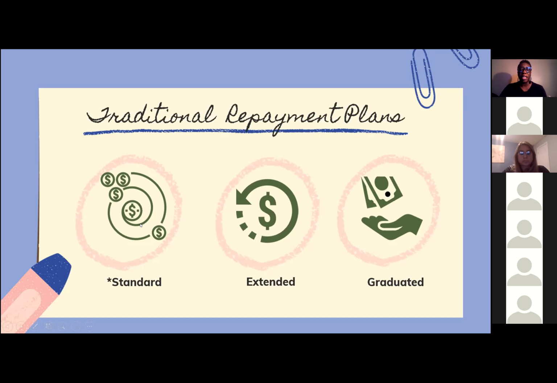That is the plan that divides all of your payments into 10 years. So you could possibly have a payment that is $2,000 or $3,000 under the standard plan, which in most cases, once you match, when you're making $50,000 to $60,000, you will not be able to afford it.